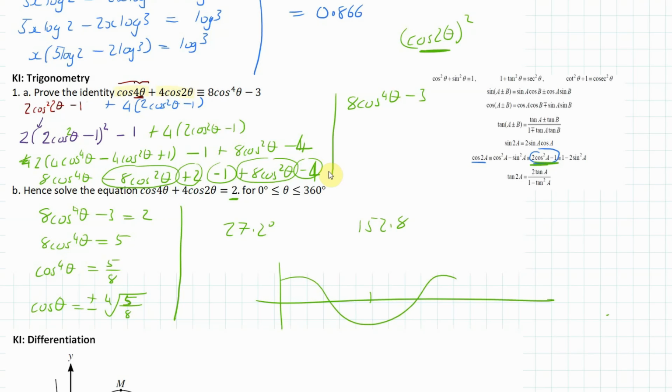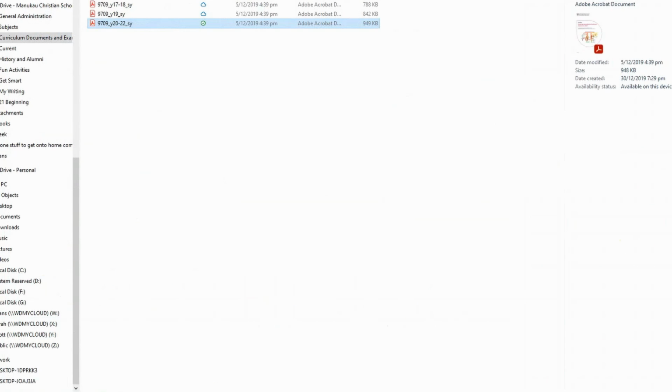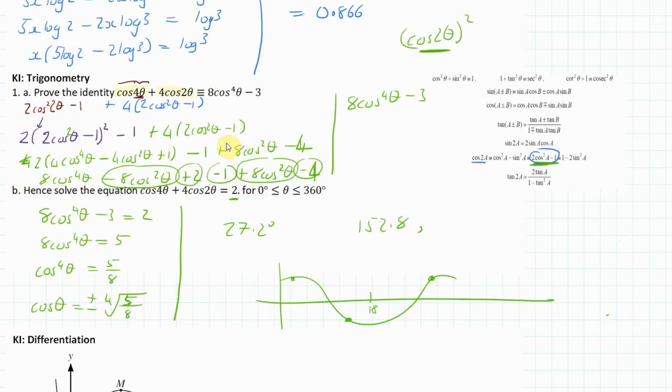Okay, so here's 180. You've got the 152 here. You've got a 27 over here. So you need 360 minus 27 for the other one. 360 minus 27, so that's 332.8.